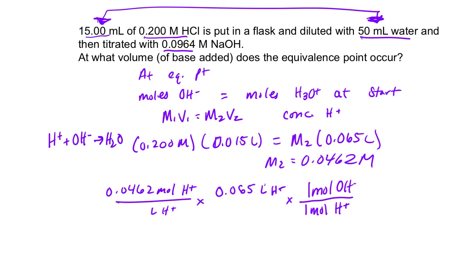So this factor is coming from the stoichiometry of the neutralization. When we cancel things out here, liters of H plus cancel, moles of H plus cancel. We now have moles of hydroxide, but we're asked to find the volume to get to the equivalence point. So here we can use the concentration, 0.0964 moles per liter of hydroxide that we're adding.